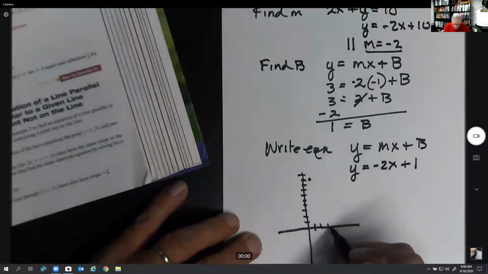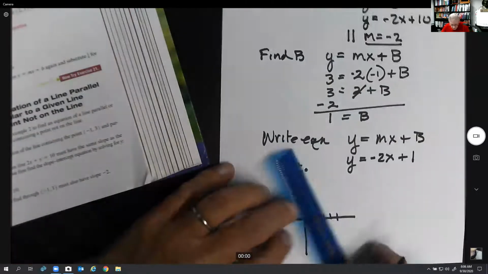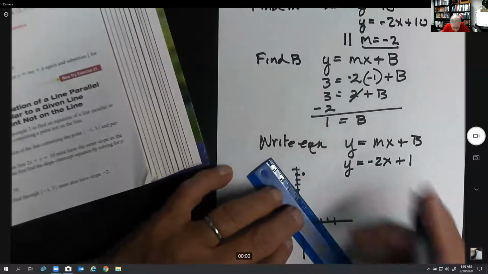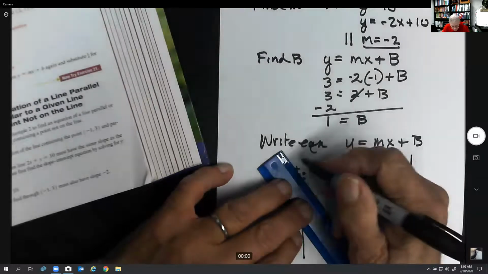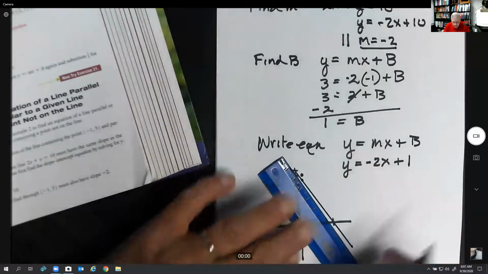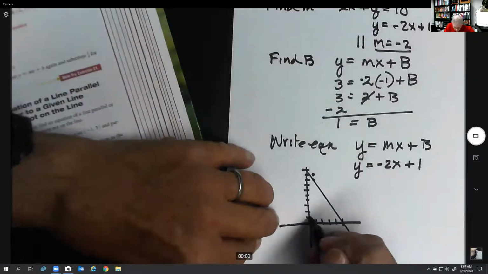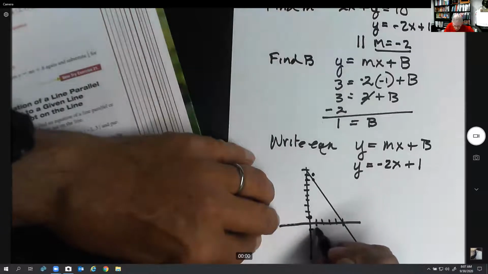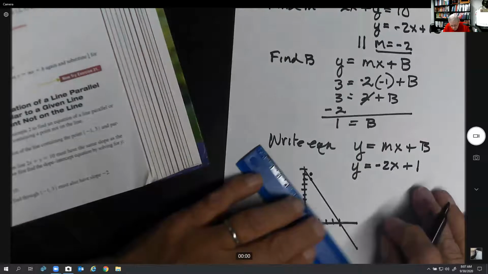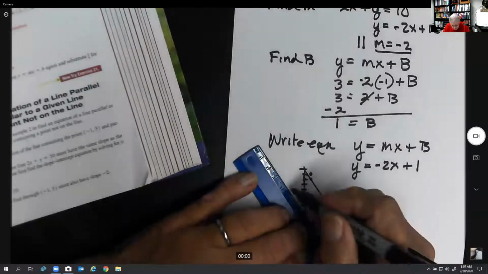But if we do it kind of careful, it should go probably through 5 right there. So let me draw one. It's dropping down 2 and over 1. I've been off a little bit. So that was the original equation. Now our equation starts at 1, and it goes down 2 and over 1. And you can see it is parallel.